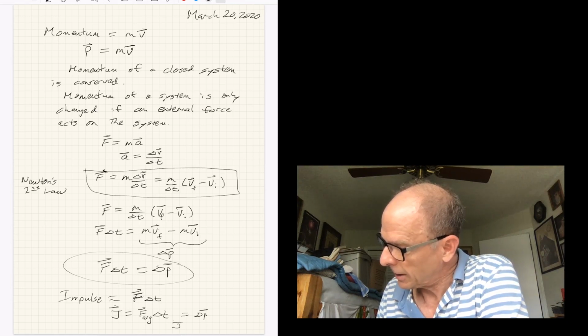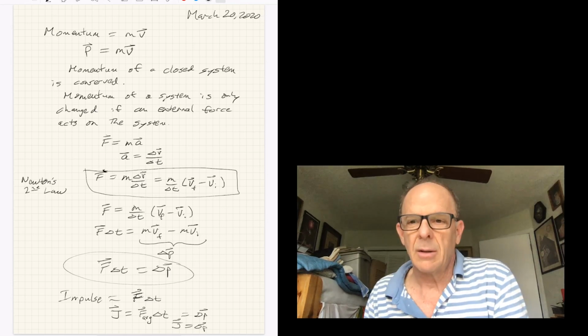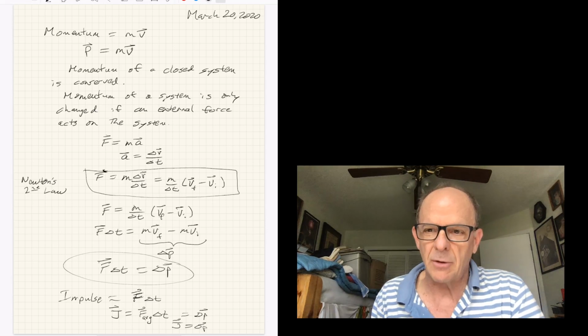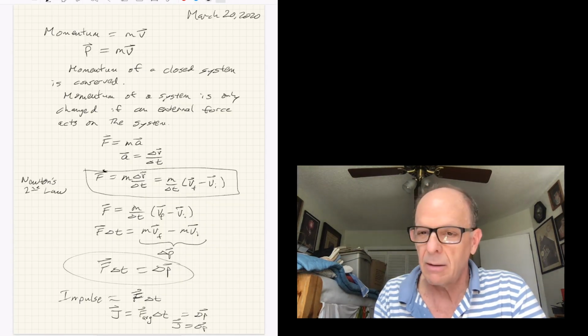Sorry about my handwriting again, but J equals delta p then is our impulse-momentum theorem. The change in the momentum of a system can be calculated by computing the impulse of external forces acting on that system.